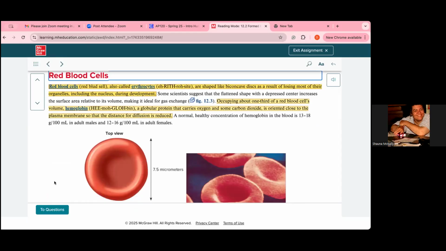Yeah, it says hemoglobin is a globular protein that carries oxygen and some carbon dioxide, oriented close to the plasma membrane so that the distance for diffusion is reduced. So yes, that's hemoglobin.